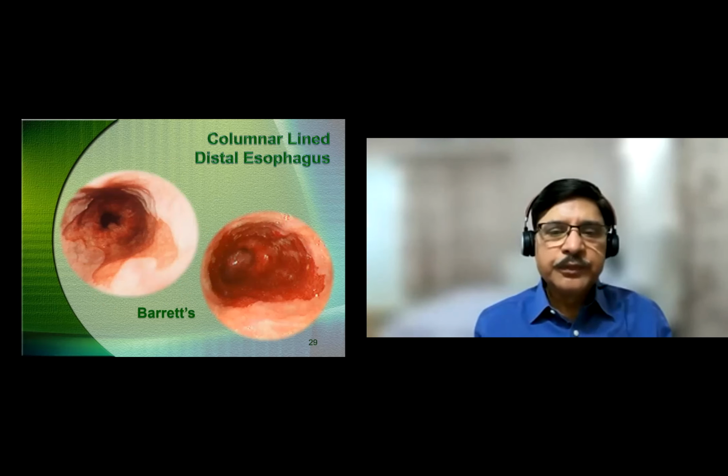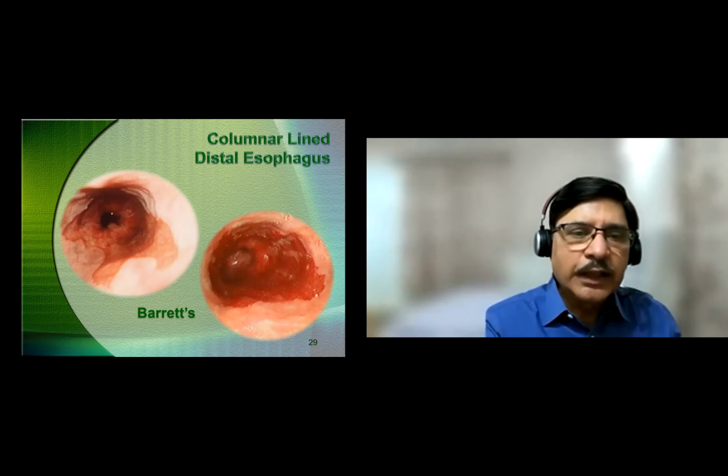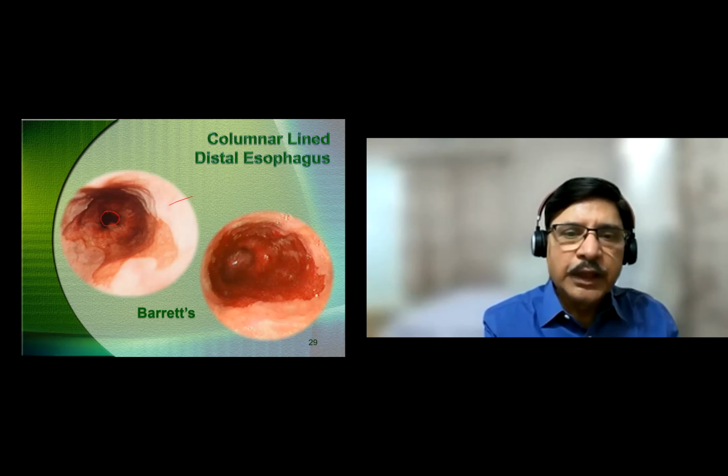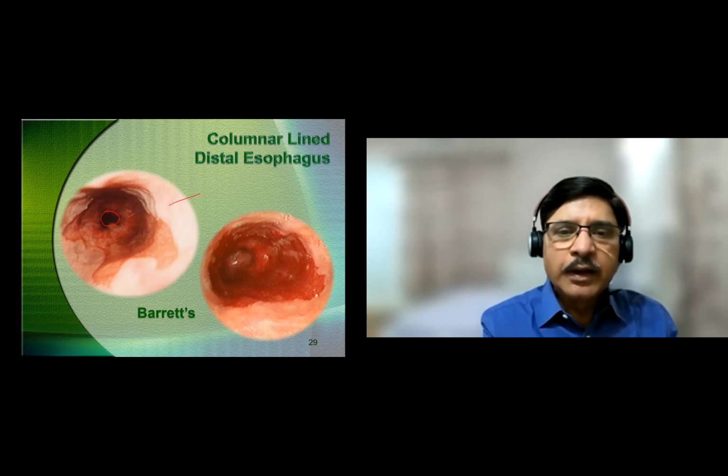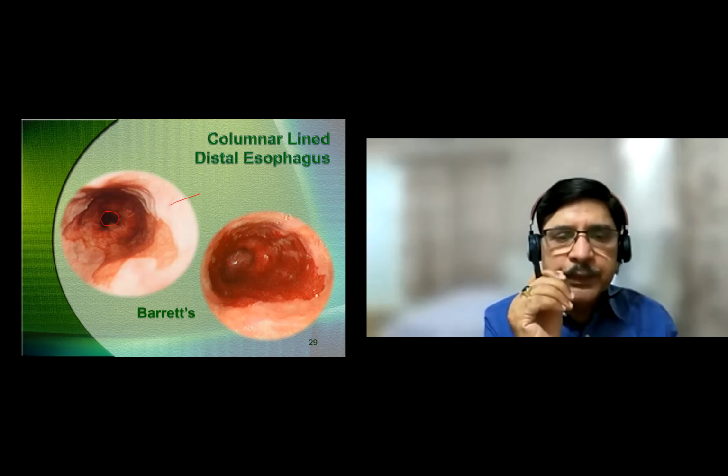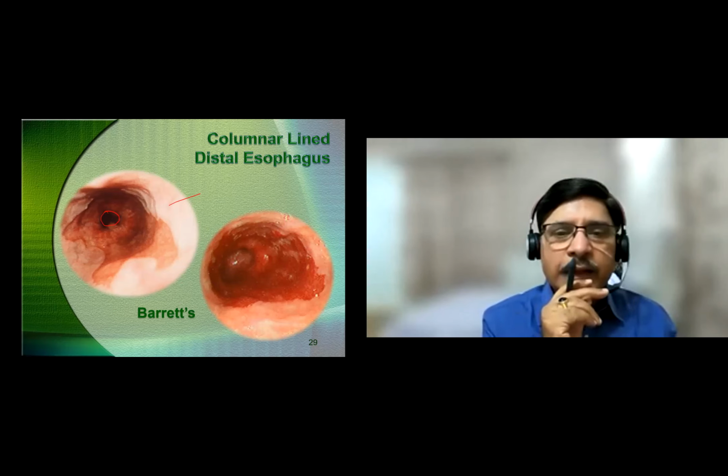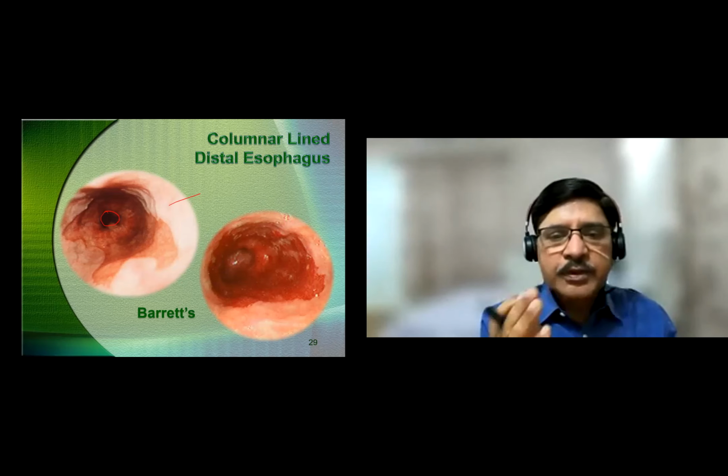Now, this is Barrett. You see, this is the gastroesophageal sphincter. The epithelium here in the stomach is different from the epithelium in the esophagus. There is columnar epithelium and squamous epithelium.